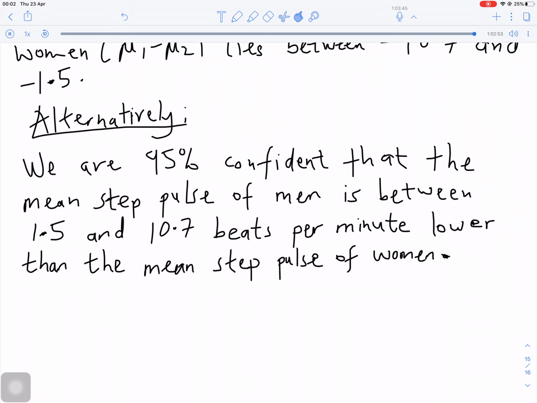So another way of interpreting it, so that you don't use negative in your answer, is that if you have negative 1.5, it means the mean step pulse of men is 1.5, whatever the unit is, lower than that of women. And for negative 10.7, it means it's 10.7 lower. Okay, so that is how conclusions are made. Even when you read reports out there, that is how you see the results. Okay, you see the interpretation.